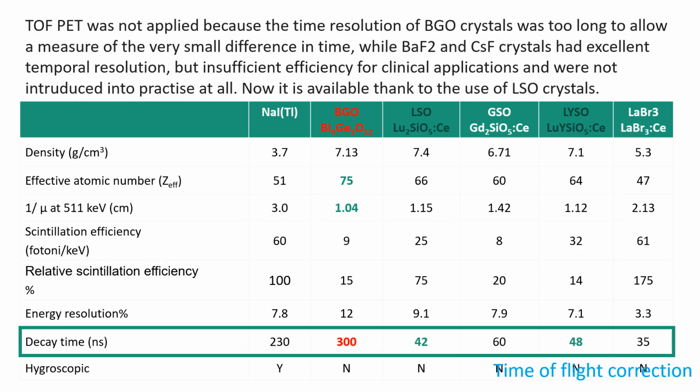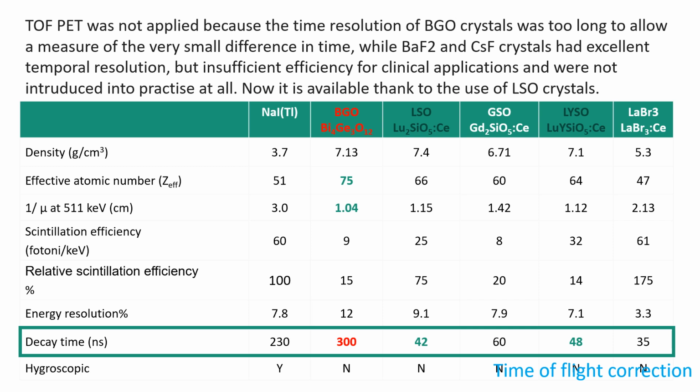Time-of-flight PET was not applied at the beginning in PET imaging modality because the time resolution of BGO crystals was too long to allow a measure of the very small difference in time. On the other hand, other crystals had an excellent temporal resolution but insufficient efficiency for clinical application and were never introduced at all.